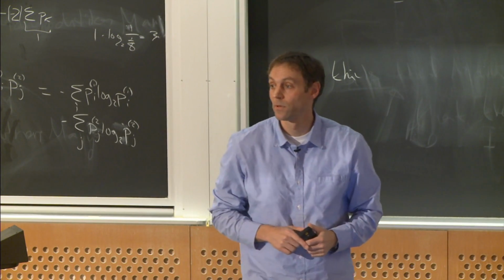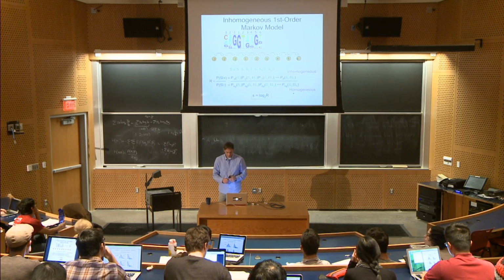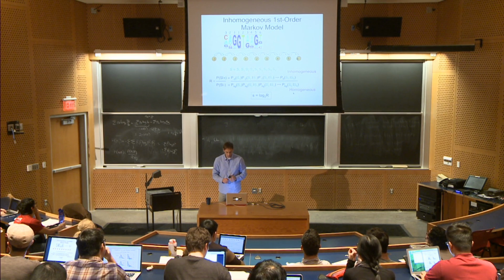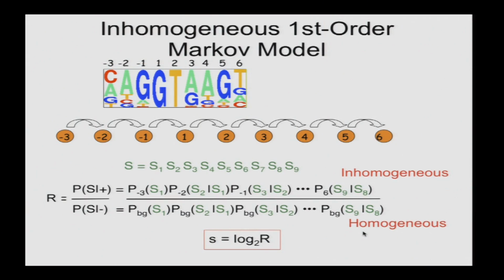Yes, question? Question on the previous slide. Could you clarify what the letter R and the letter S are? Yes, sorry about that. So R would be the odds ratio. Okay, so it's the ratio of the probability of generating that sequence under the foreground model, the plus model we're calling it, divided by the probability under the background or minus model.